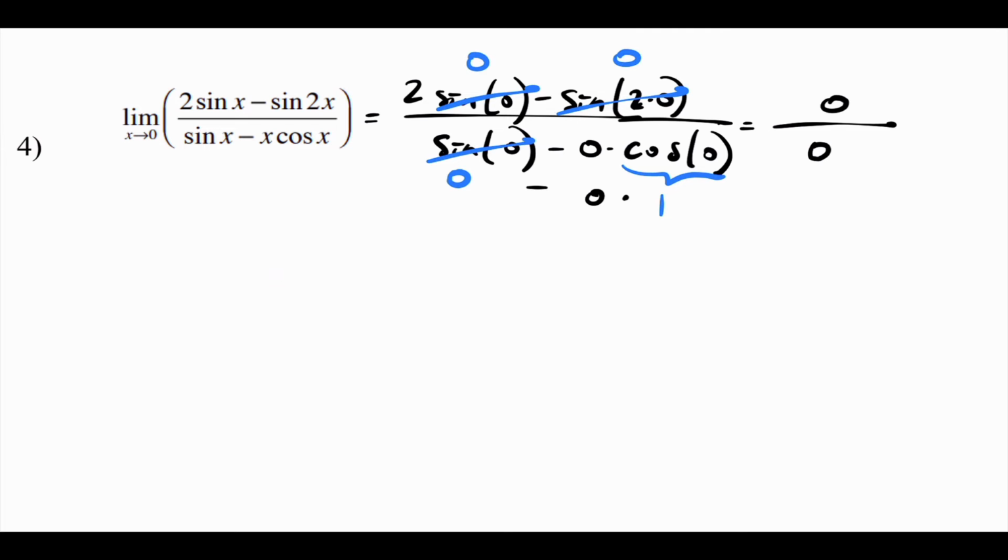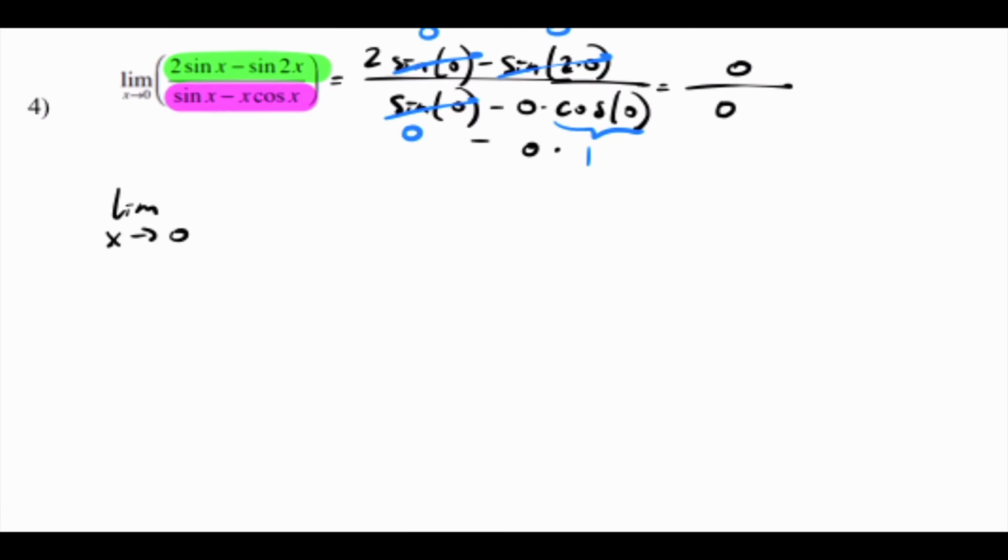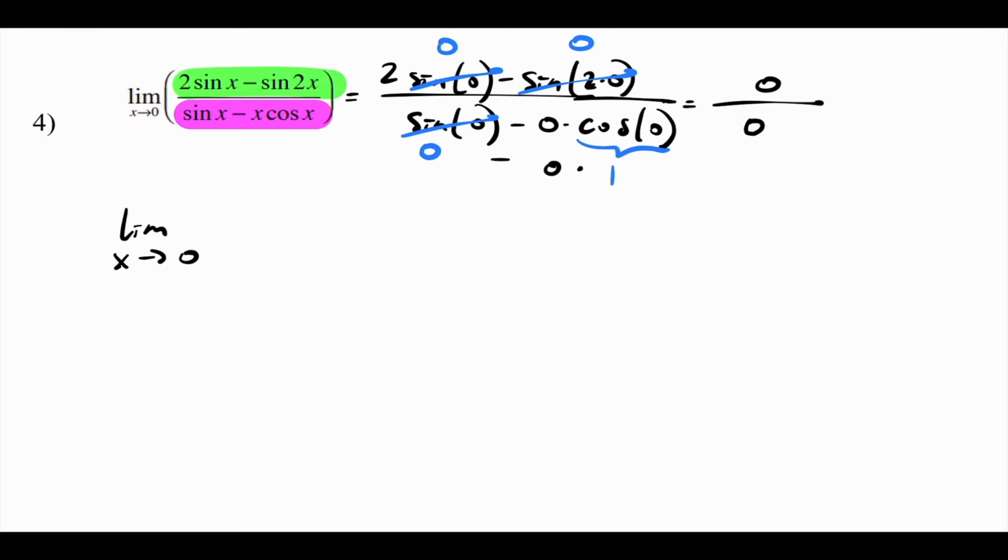Okay? Indeterminate form means find the derivative. So find the derivative of the top, find the derivative of the bottom. Well, the top has 2 parts. It has 2 times sine of x, and it has sine of 2x.